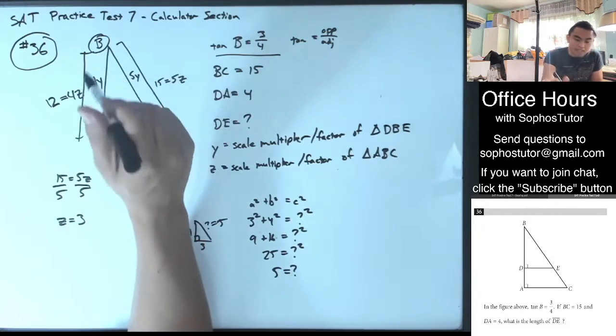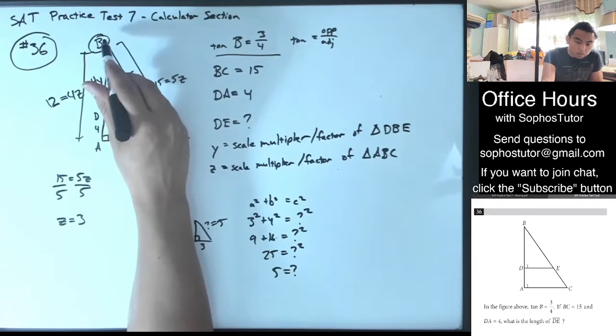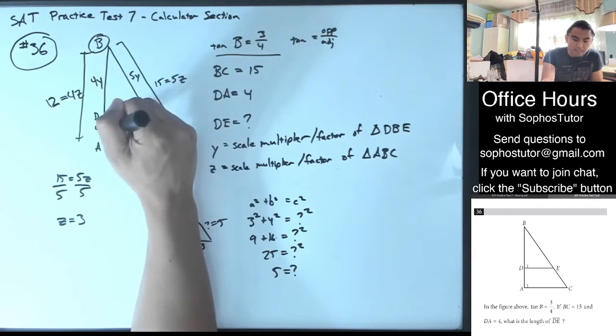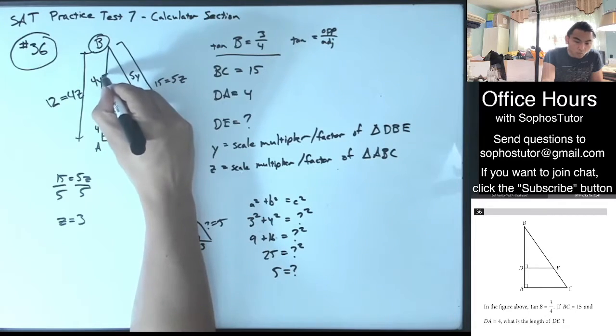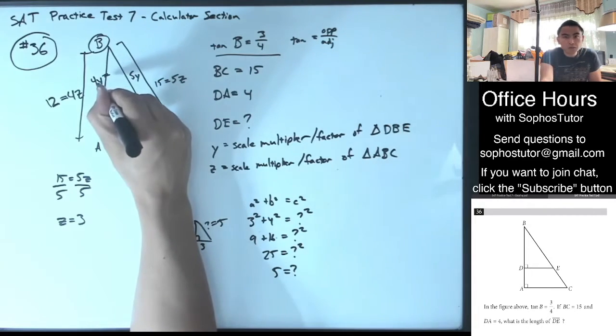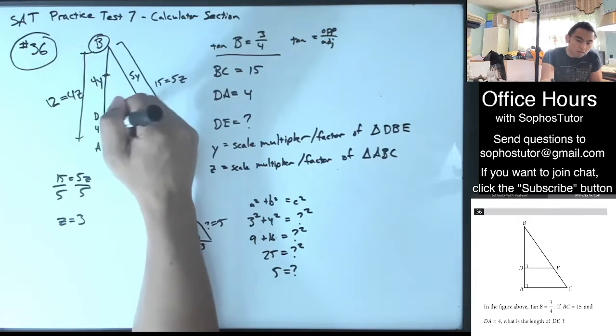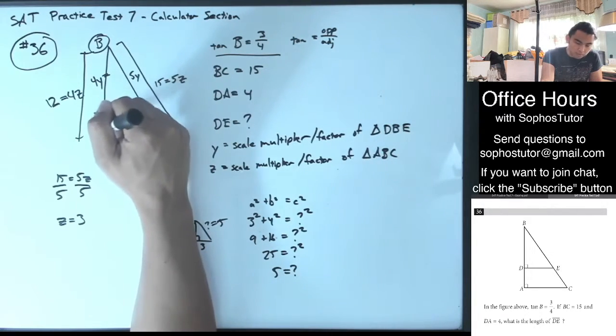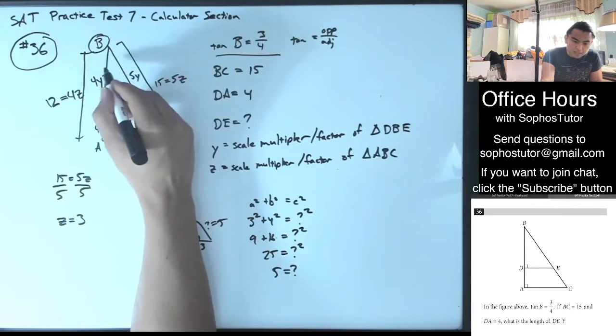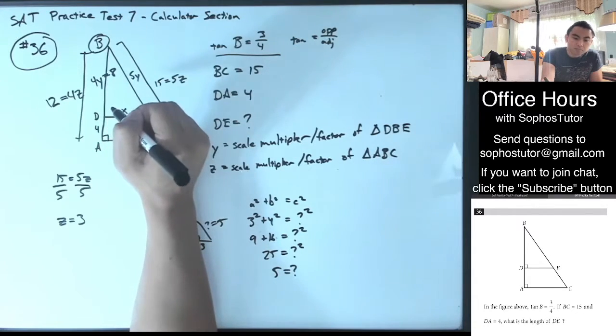So now that we know that the actual length of AB is 12, we know that AD is equal to 4. Well, now we can figure out what BD is, which we've labeled as 4y. Well, if the whole length is 12, we subtract 4, which is DA, we're left that BD is equal to 8.